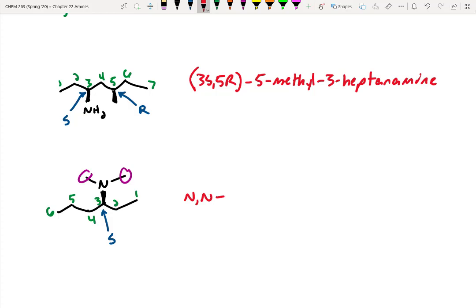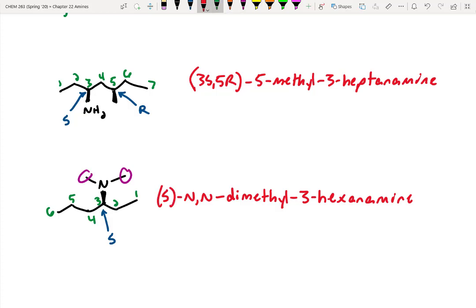In this case, each of the groups are methyls. So I'd say N,N-dimethyl. And this whole group is coming off of carbon 3. So I'd say 3-hexanamine. And last but not least, we'll throw in our stereochemistry. We've got our S stereocenter, and we'll plug that in the front.